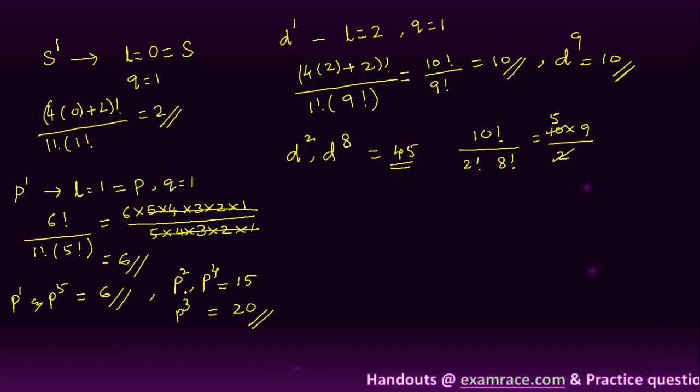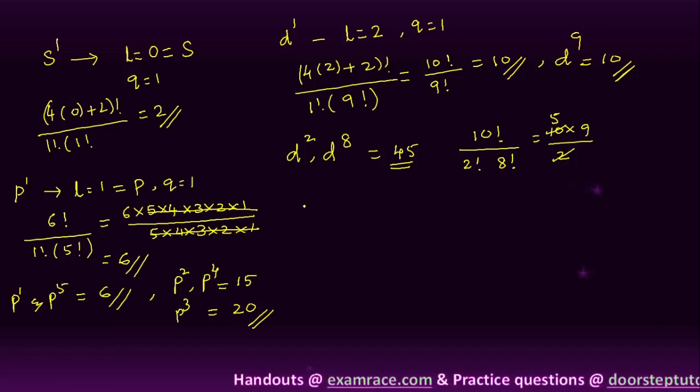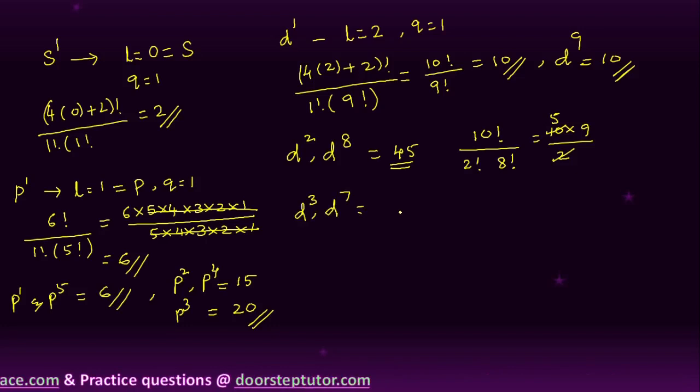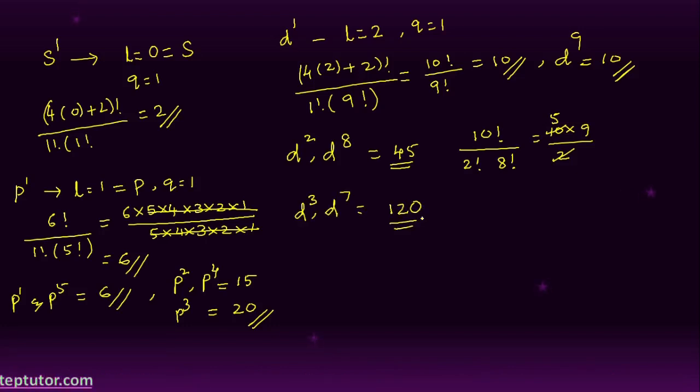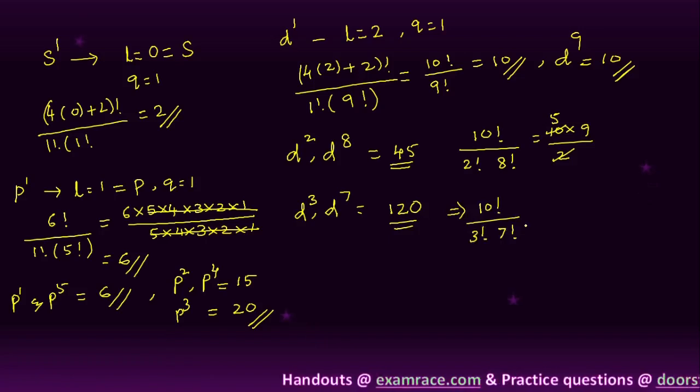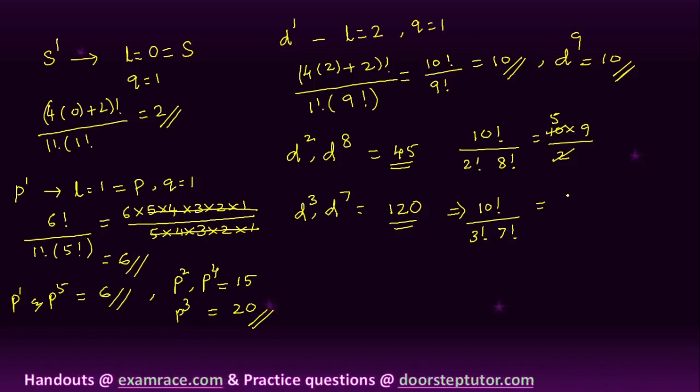Please focus, right? Next, for the D3 and D7 configurations, students, the number of microstates is 120. Here 10 factorial is common, divided by 3 factorial into 7 factorial. The 7 factorial cancels.